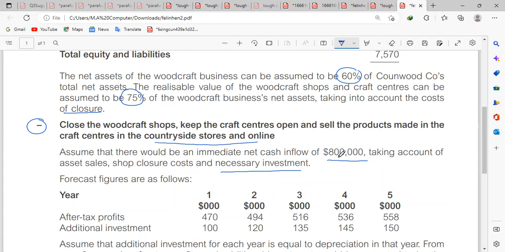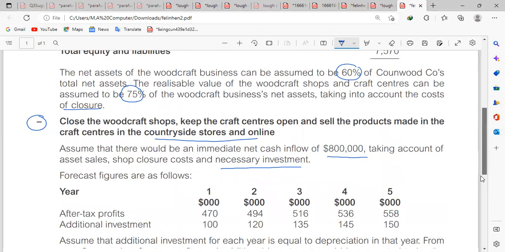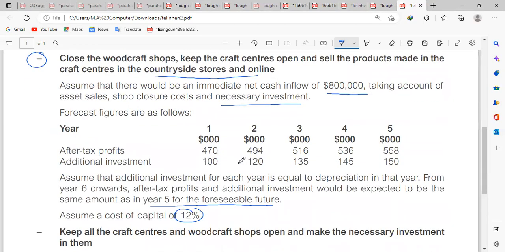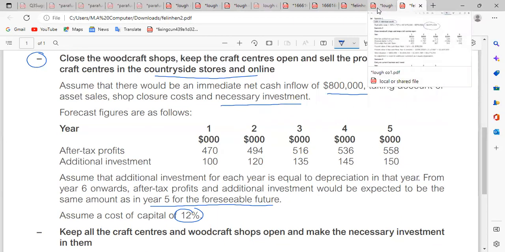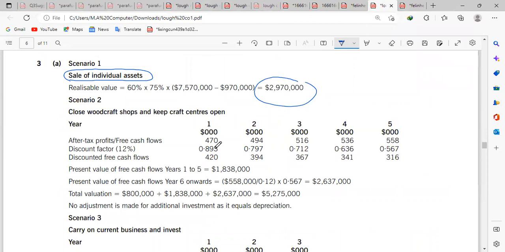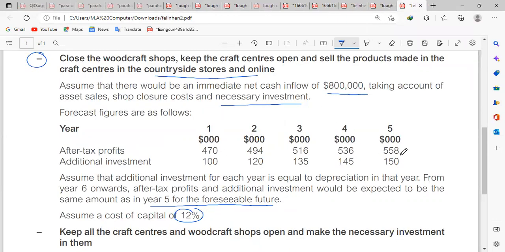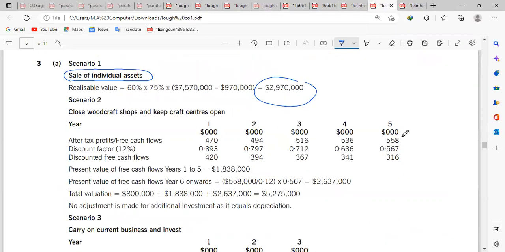So this was the immediate cash flow. The examiner has given you the after tax cash flows and the additional investments, and then said from year 6 onwards, after tax profit and additional investment will be expected to be the same as in year 5. So what is the problem? See, these are the after tax free cash flows that have been given to you: 470, 494, up to 558.